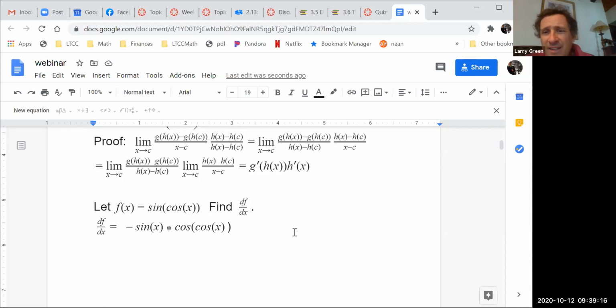And I want to let you know another thing, because I want to make sure that those who make small errors understand their errors. Cosine of the cosine of x is not the same thing as cosine of x squared. So cosine of the cosine of x is by definition function composition, whereas cosine of x quantity squared is function multiplication.